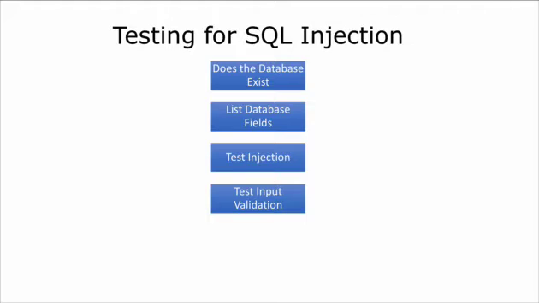We always test for input validation, and that's a software development best practice. So in other words, can we write scripts into the database, or will the database only accept the characters that it's built for? If it only accepts images, will it test for images, or will it also accept text? If it only accepts text, can you put scripts in, etc.?